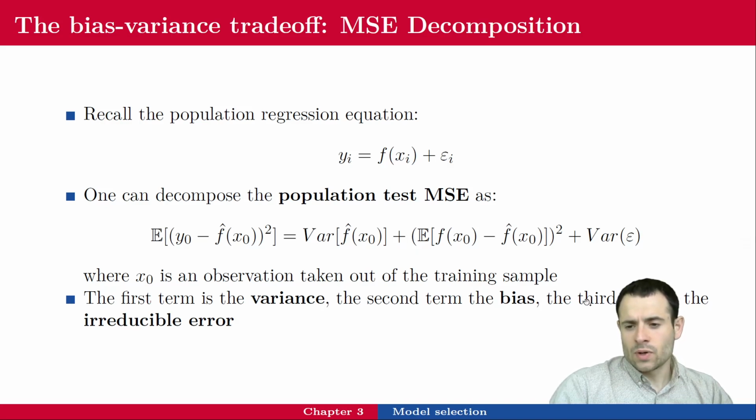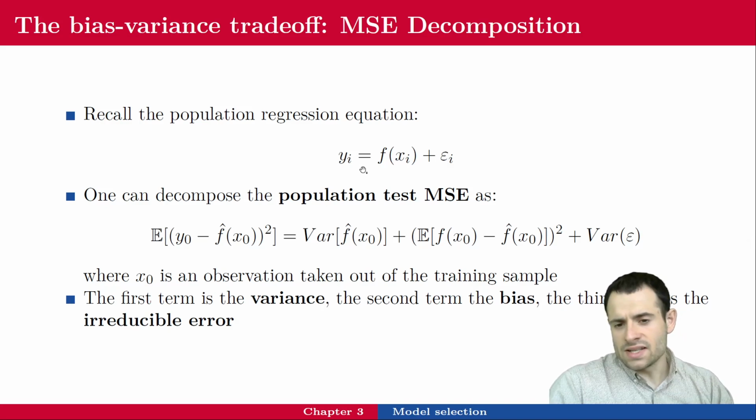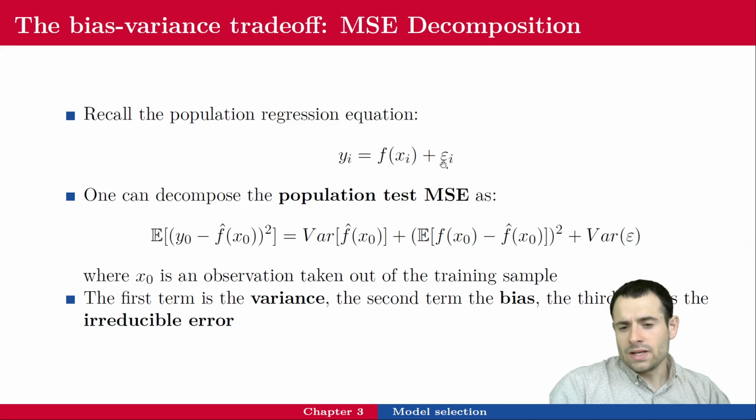And the last term is what we call the irreducible error. Why irreducible? Because it is everything that we do not observe. So by design, this thing has a variance. And it is irreducible in the sense that it is everything else that our main relationship is not picking up.